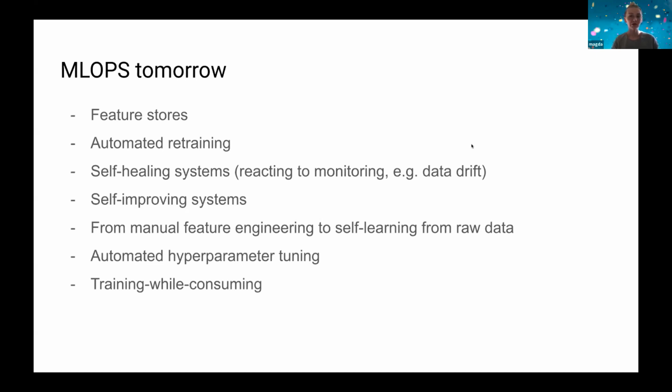Also, one trend that could be seen is moving from manual feature engineering and this heavy role of the features into instead having raw data and having just the model look at this vastness of raw data and learn from that without the human having to take part in designing what part of that data is the part that we are learning from.